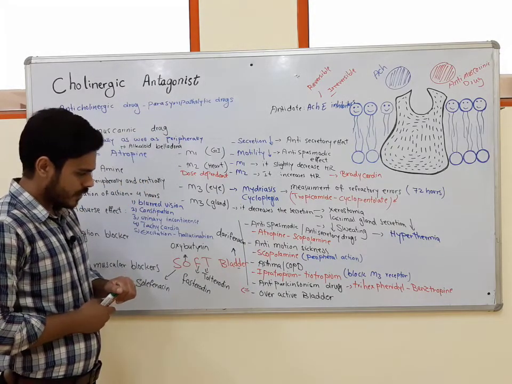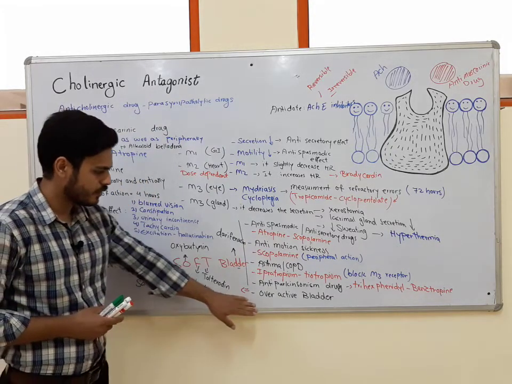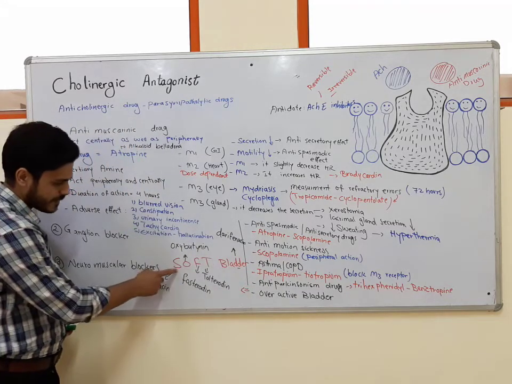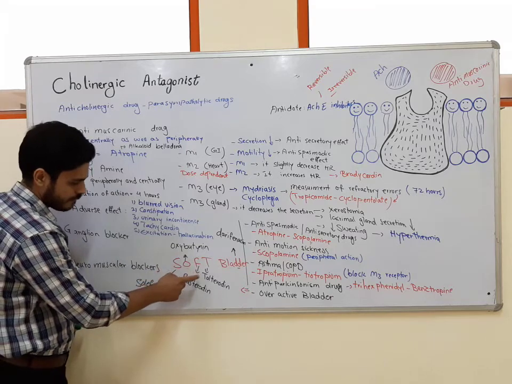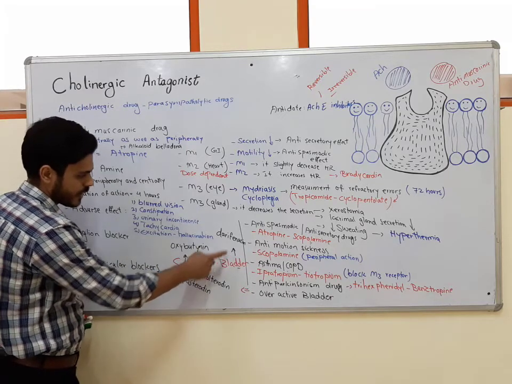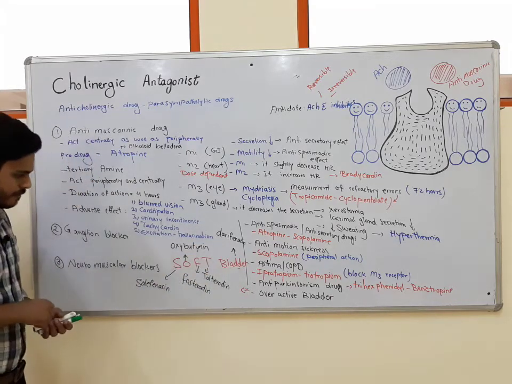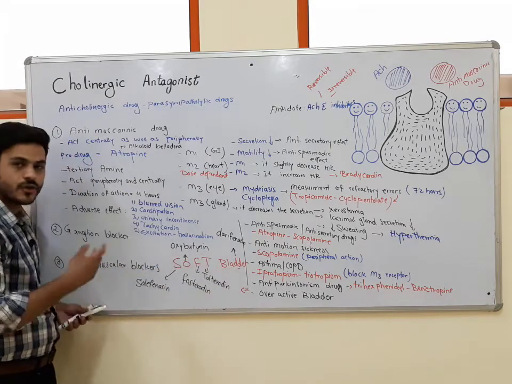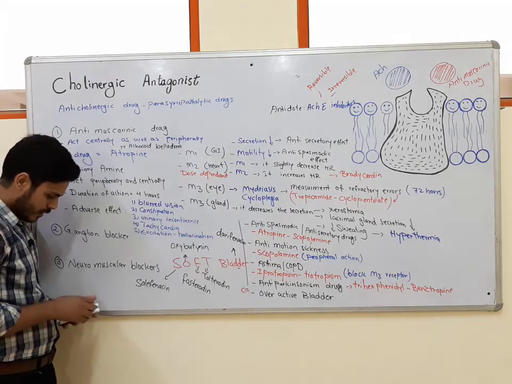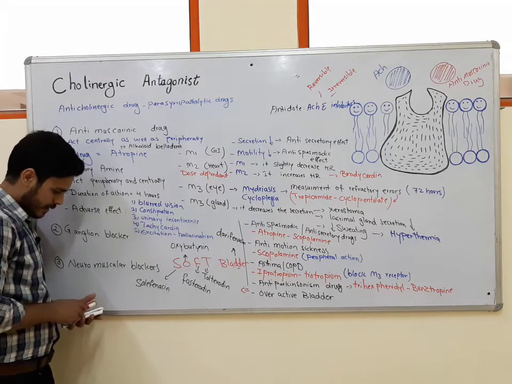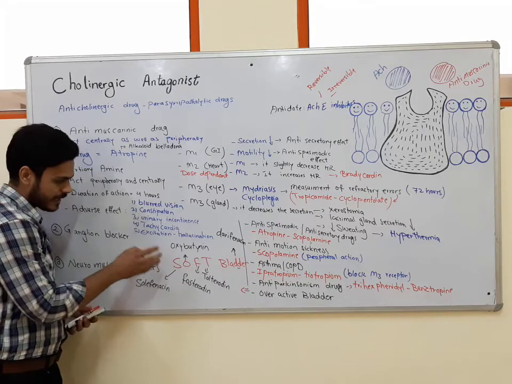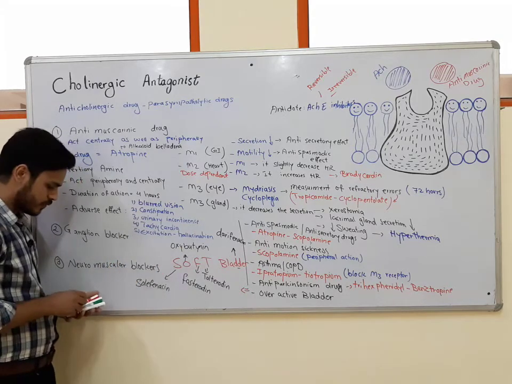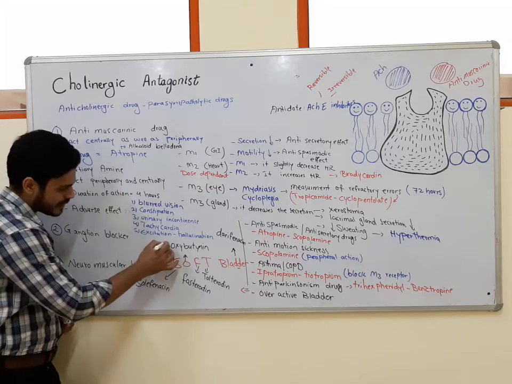Next group of drugs is the drugs which we can use for treatment of overactive bladder like solifenacin, oxybutynin, fesoterodine, tolterodine and darifenacin. One of the common side effects when we use these drugs is dry mouth. We have to keep in mind that this adverse effect, dry mouth, is less when we give oxybutynin as a transdermal patch.